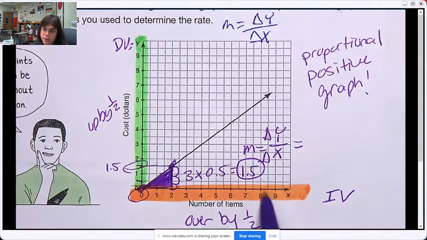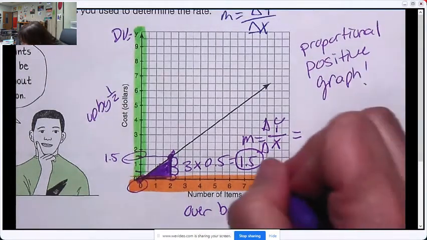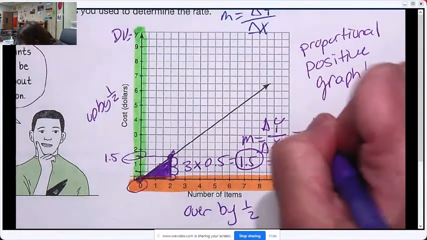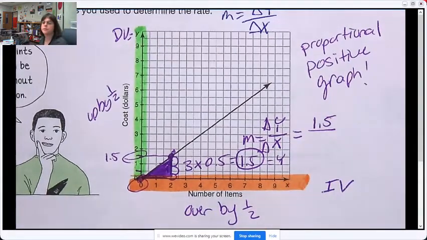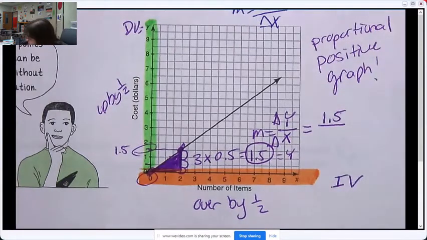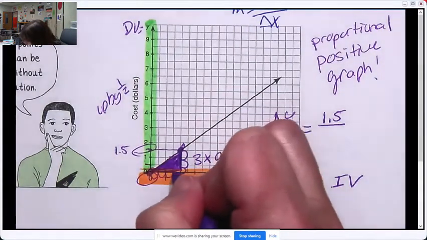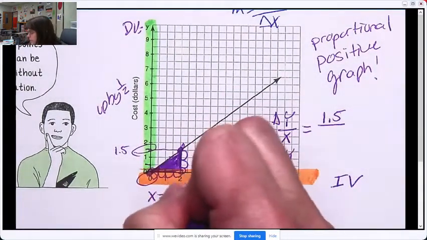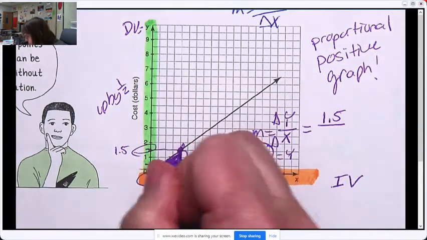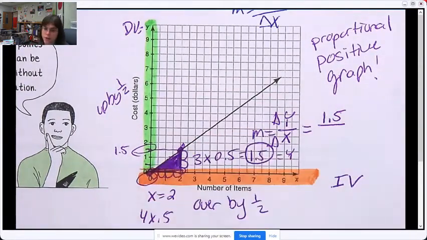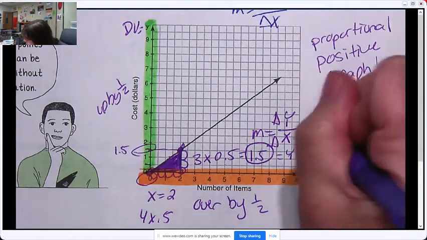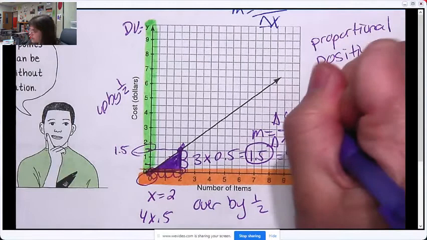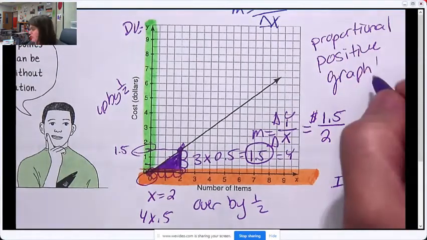That would also give me the 1.5. Okay? Then I can say that my y value is 1.5. Then I need to come over and say this is going to be 2. So my x value would be 2. It's going 4 blocks, and each value has a value of 1/2. Okay? So 1/2 of 4 means that this is going to be 2. So that's my rate of change.